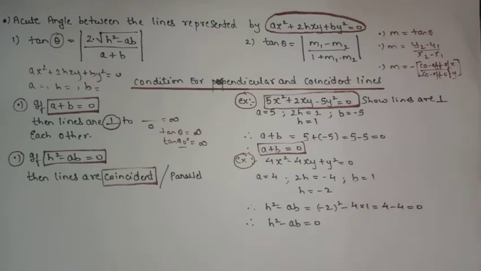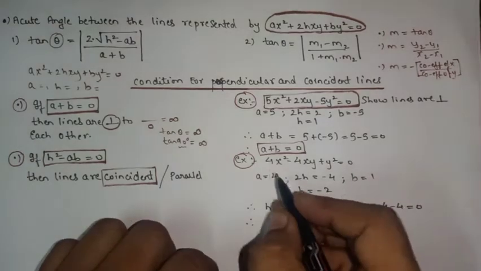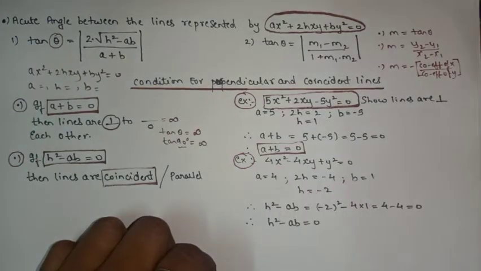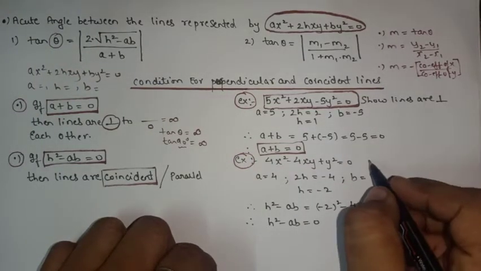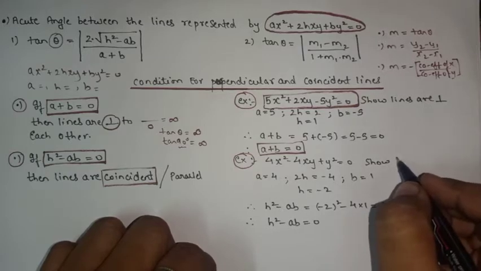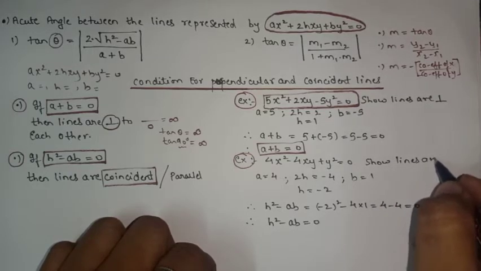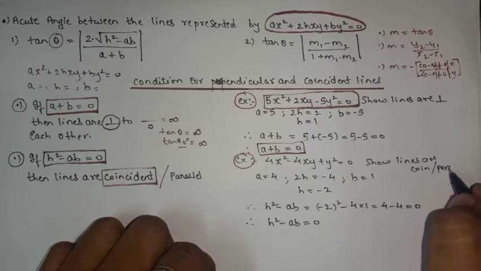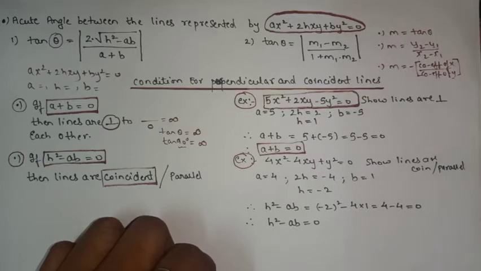Now focus on the second sum. In the second sum, again the equation is in this form only. Compare, you will get the values of a, h, b. Here they will say that you have to show the lines are coincident, or sometimes they will say show that the lines are parallel. Both are one and the same.